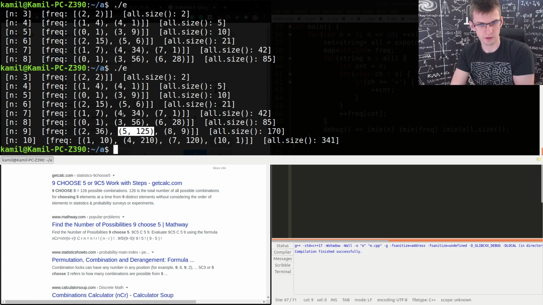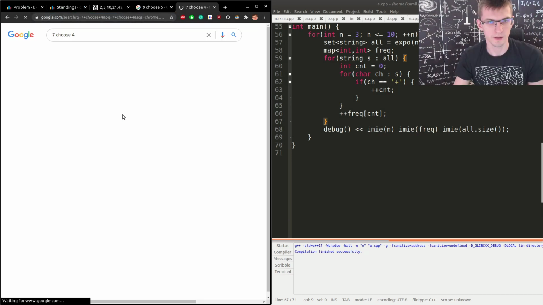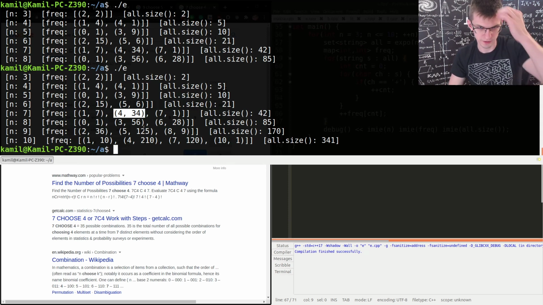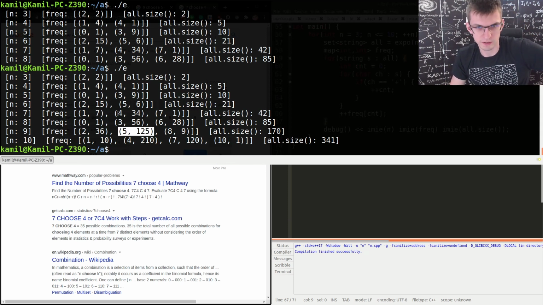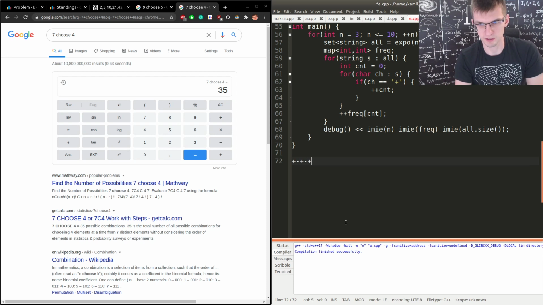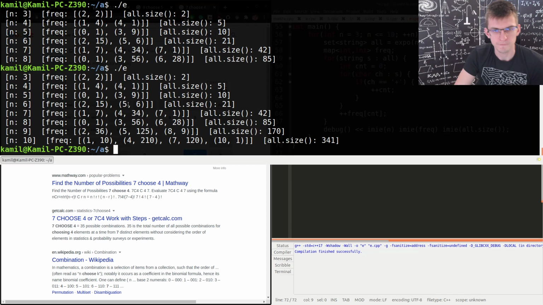7 choose 4 is 7 choose, well, let's use internet. 35. So also here one thing is impossible, but this is a pattern. Here, here, and there one thing is impossible because we cannot go with plus minus plus minus plus minus plus minus plus. Other than that, everything is regular.